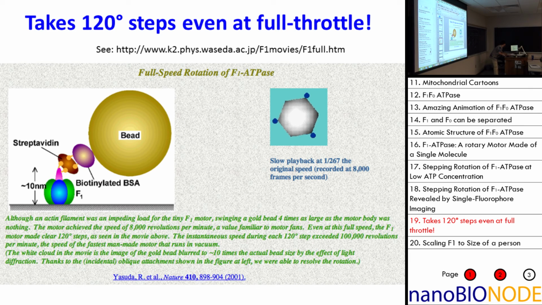I want to show you one more because this is absolutely amazing how efficient this is. That is, go to the other extreme. Put a huge bead on this, and one can imagine that there's a lot of force that you need to drive this. And the question is, can it?